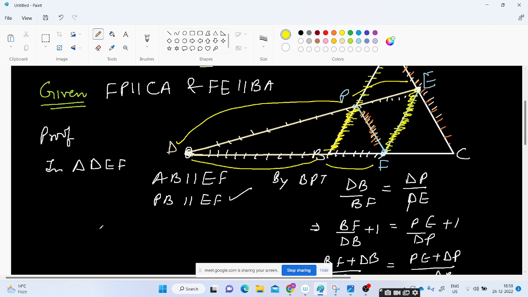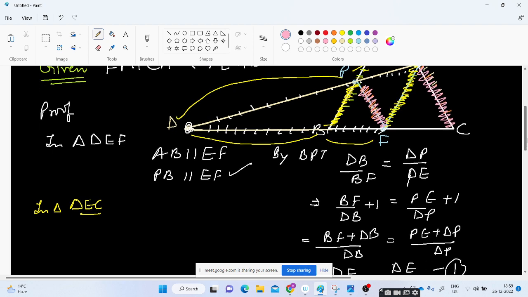Now which triangle will we consider? In triangle DEC. Okay, in DEC, beta, look, which two sides are PF and EC? This one and this one. These two are parallel.